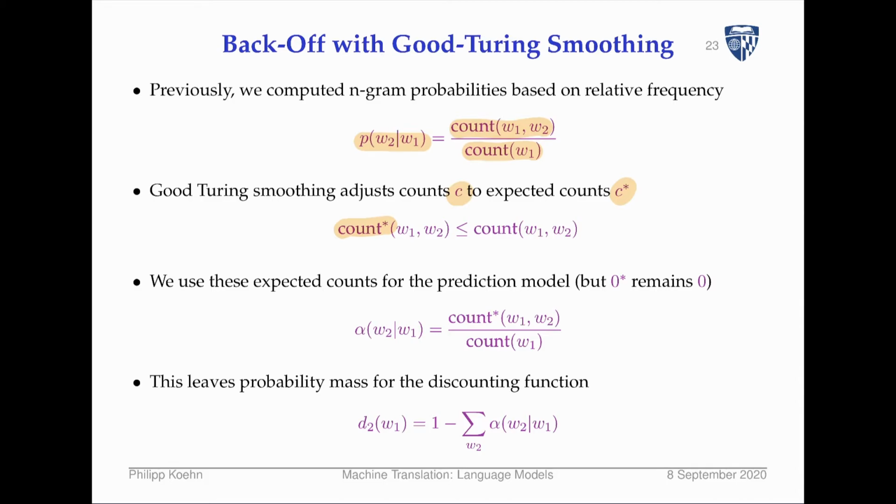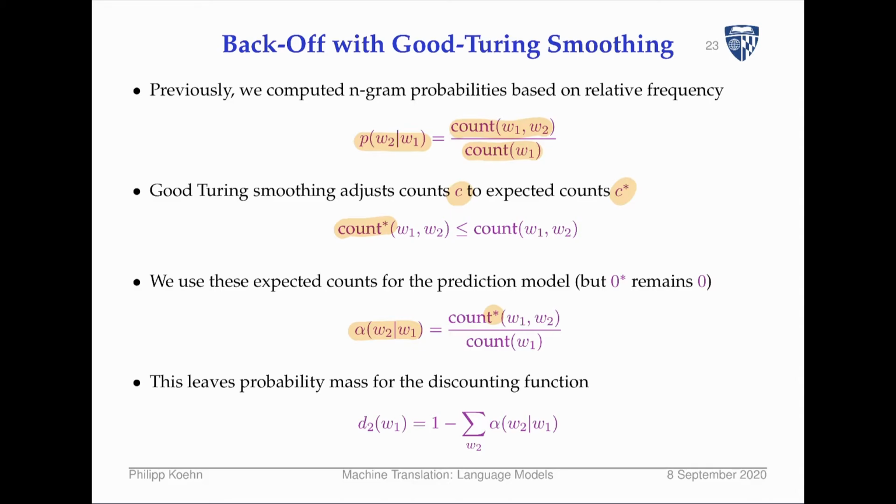So now we're going to use these expected counts to come up with a prediction model. So this is the prediction model, this alpha, that is now based on adjusted counts. So if you now sum this up over all the W2s, this is going to be less than 1 because we discounted each count, so there's some probability mass left.